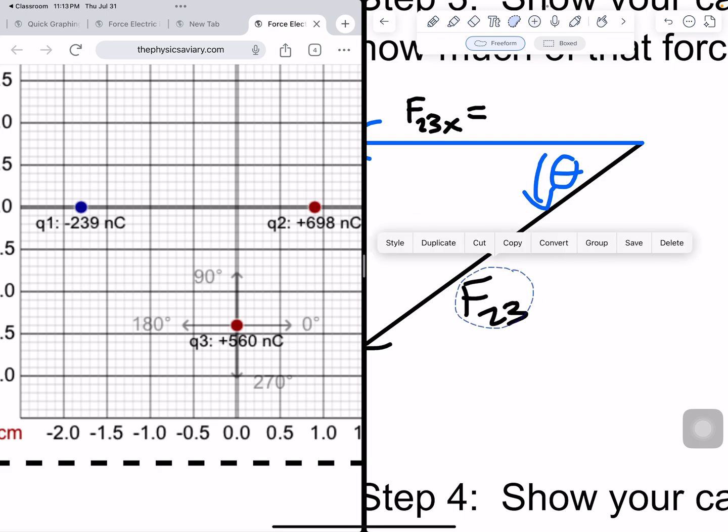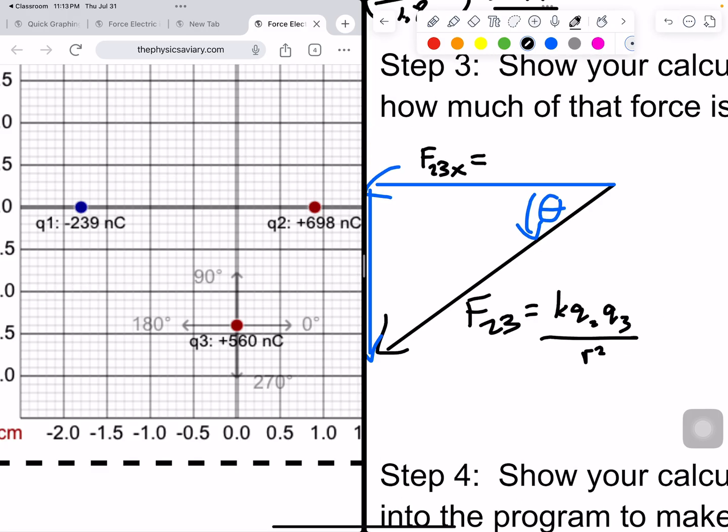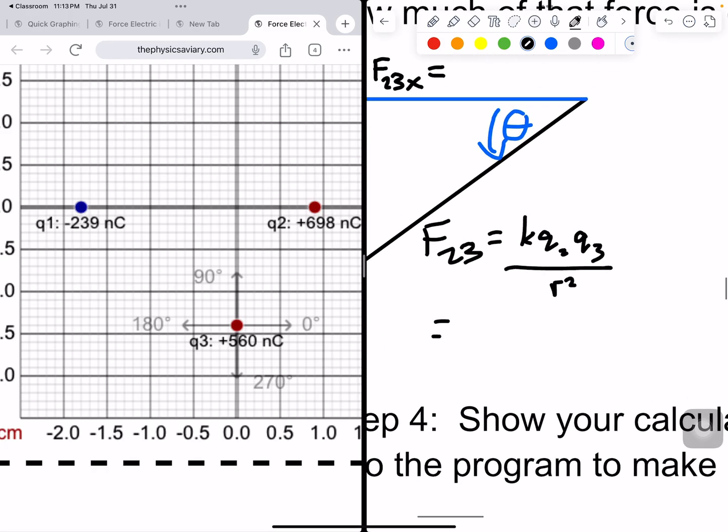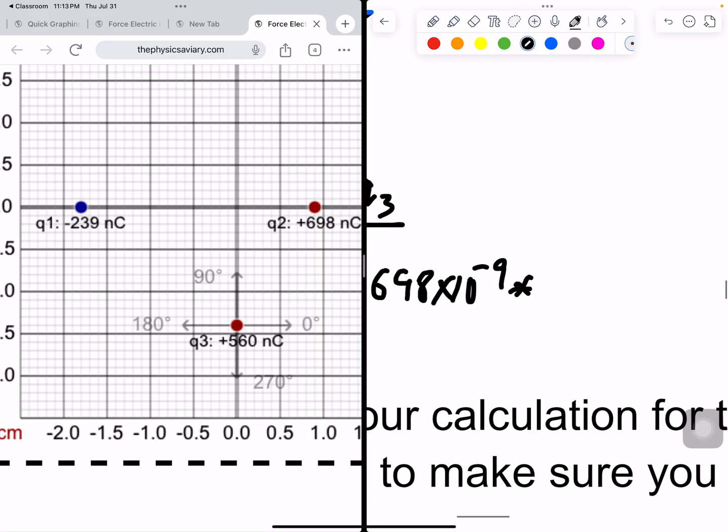Here's F23. And it's going to be K Q2 Q3 over R squared. Go ahead and plug that in, 9 times 10 to the 9. Now for me, my charge 2 is 698 times 10 to the negative 9 coulombs times charge 3, which is 560 times 10 to the negative 9 coulombs.